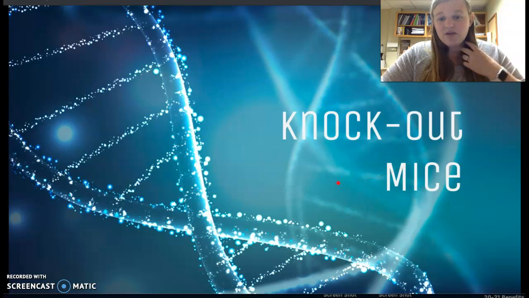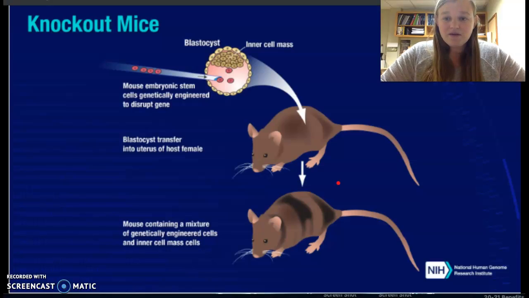The third thing I want to talk about is knockout mice. Knockout mice are mice that have had genes removed. Basically, we can take mouse embryonic stem cells, which can become anything in the mouse's body. We take these cells and we mess with their DNA, and then we insert it into a blastocyst, which is the precursor to an embryo in a mouse.